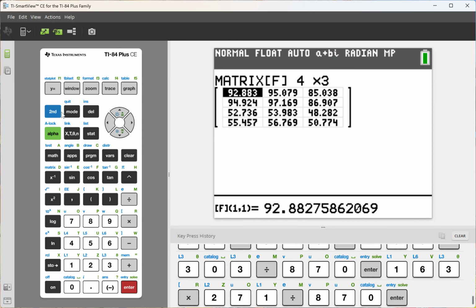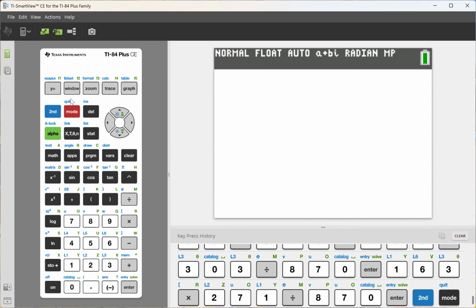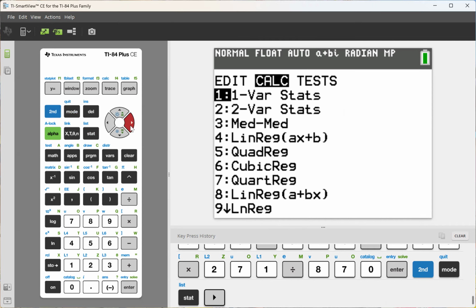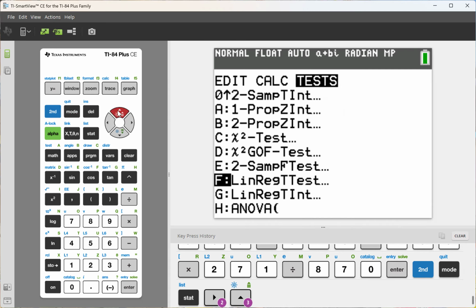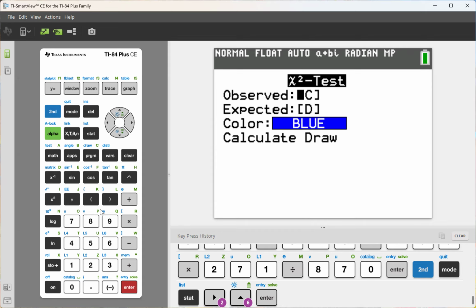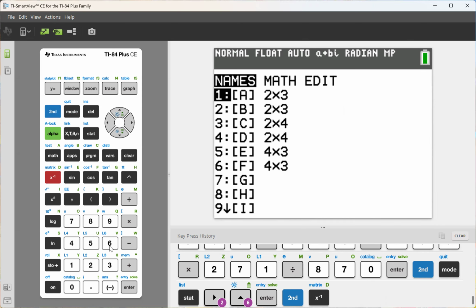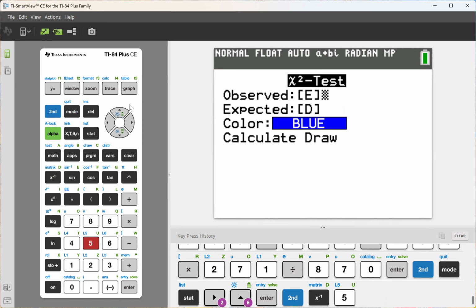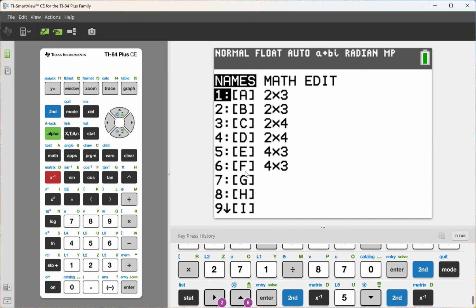So we're going to exit out. We finished with our matrices. Now we're going to go run the chi-squared test. So we go stat, test, find the chi-squared test, which is C. And we did that on matrices E and F. So we're going to go second, matrix E, and F, second, matrix F is number 6.